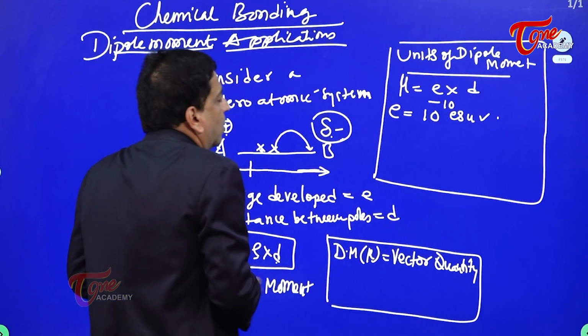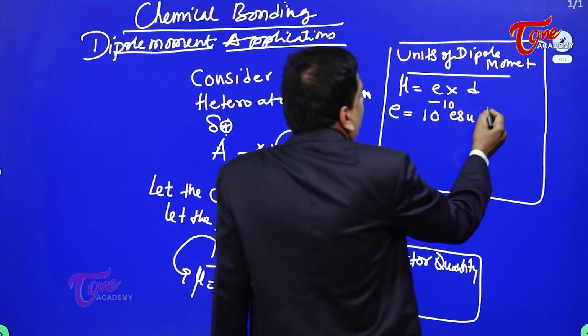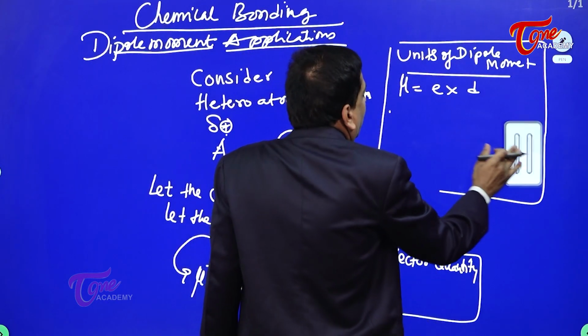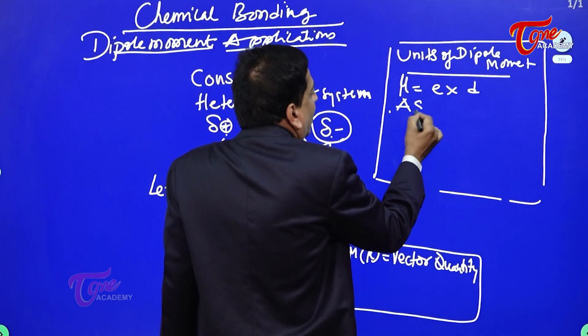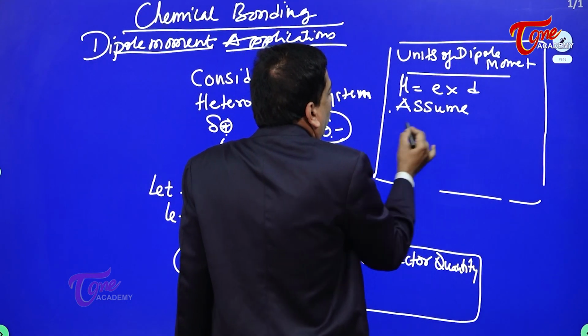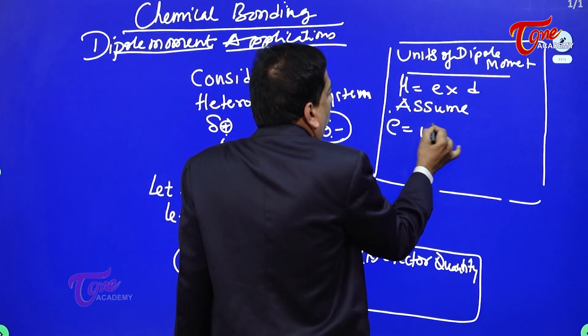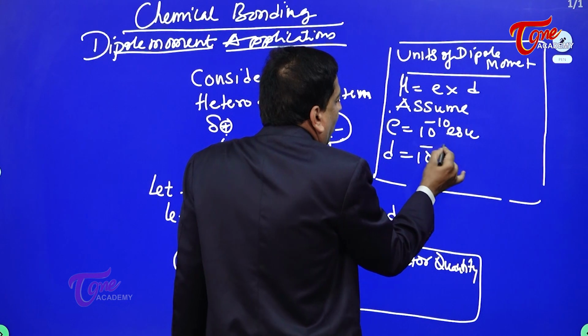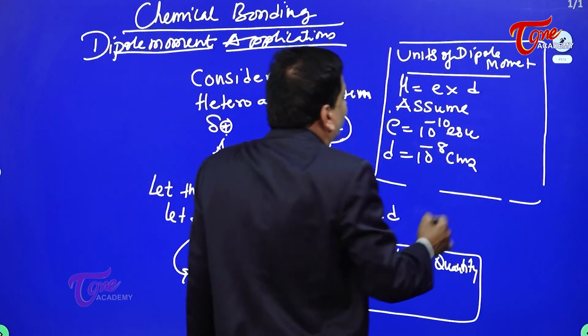I'm assuming it. It's purely an assumption. No experimental backing, just assume the e value to be 10 power minus 10 ESU, and the d value is 10 power minus 8 centimeters.